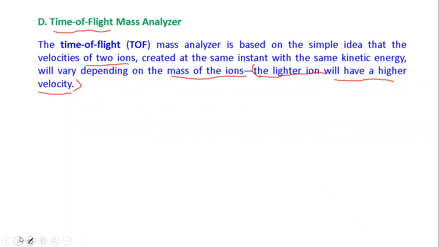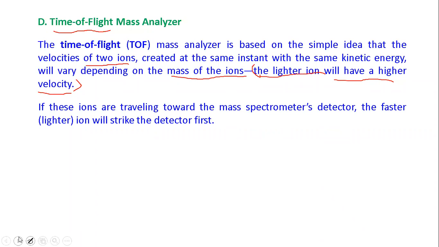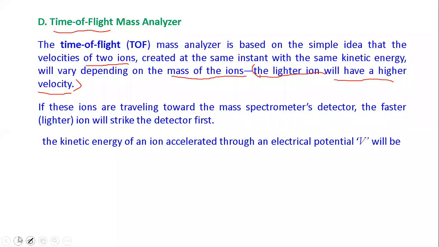Now let us look at the ions traveling towards the detector of the mass spectrometer. The lighter ion will strike the detector first, and we will see how we come to this conclusion.